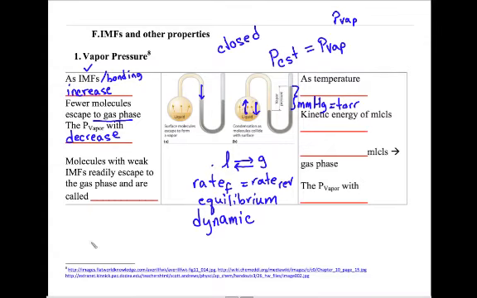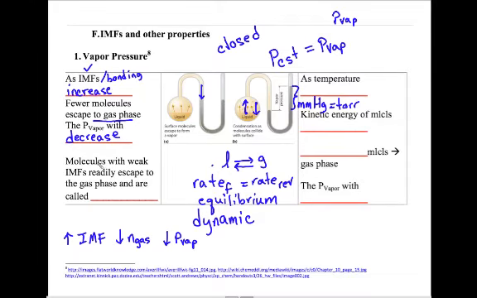Another way we could write this is as you increase the strength of the intermolecular force, you're going to decrease the moles of gas that form, because you have to break an IMF to get to the gas phase. If it's a strong IMF, it's hard to break it. As you decrease the moles of gas, you're going to decrease the pressure that the vapor is exerting.